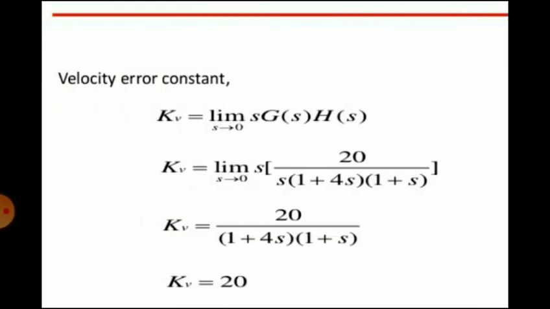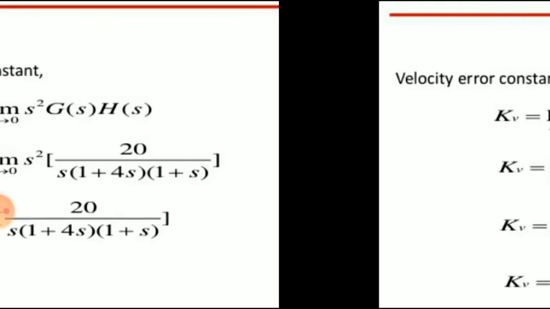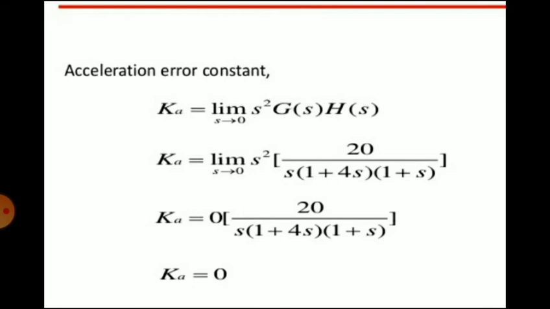Then the velocity error coefficient Kv. The formula is limit s tends to 0 sG(s)H(s). Putting the value of G(s)H(s) in the expression, Kv equals 20 upon (1 plus 4s) into (1 plus s), so Kv equals 20. For the acceleration error coefficient Ka, the formula is limit s tends to 0 s square G(s)H(s).